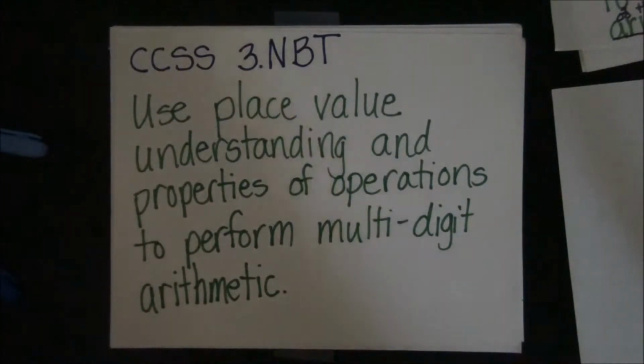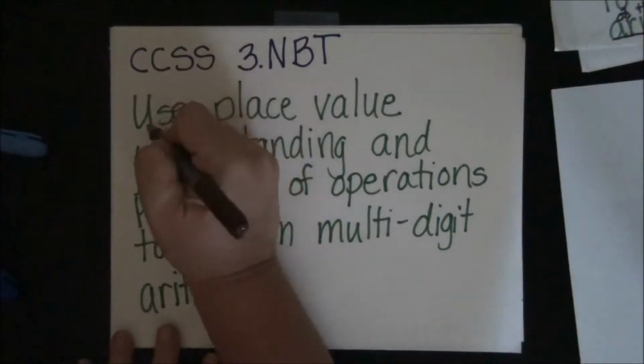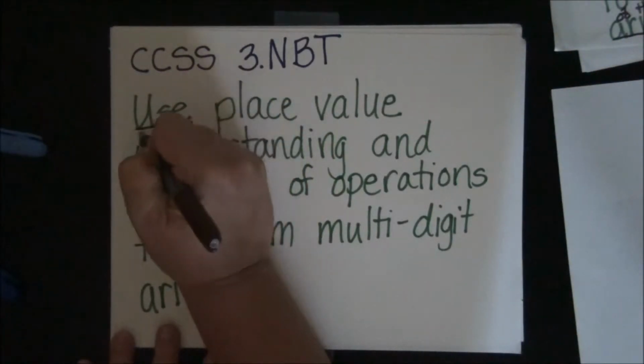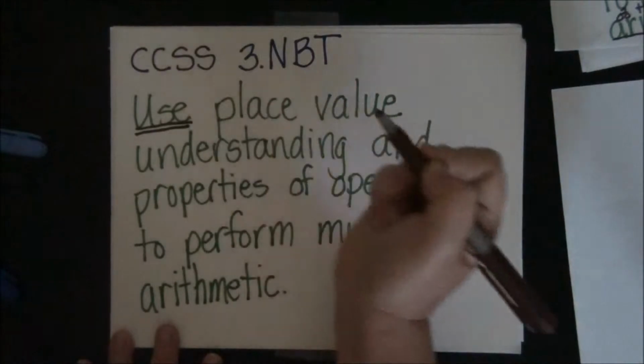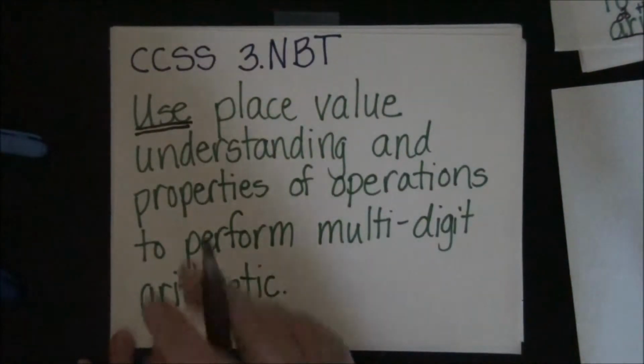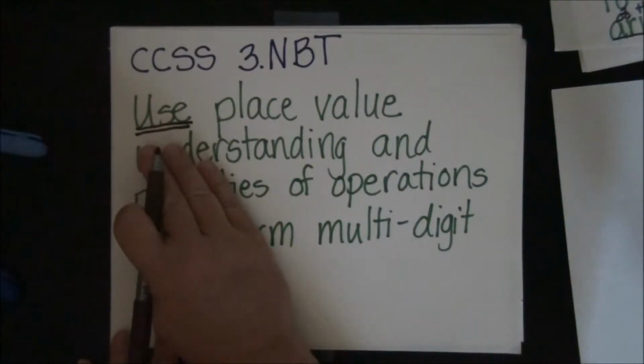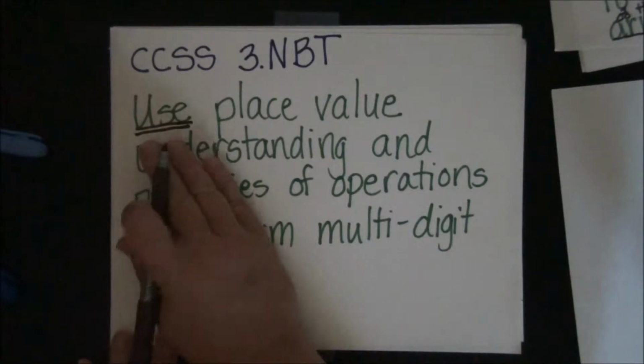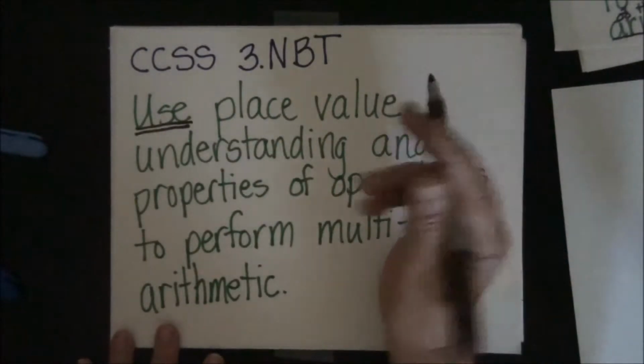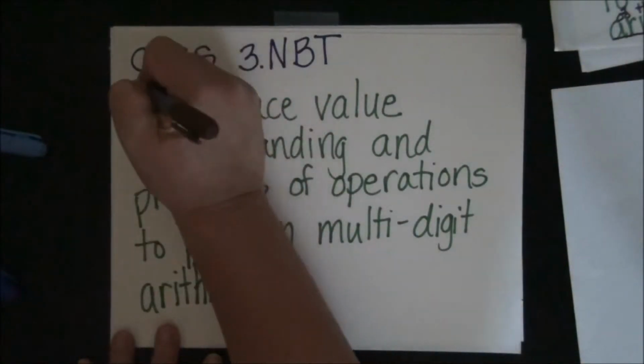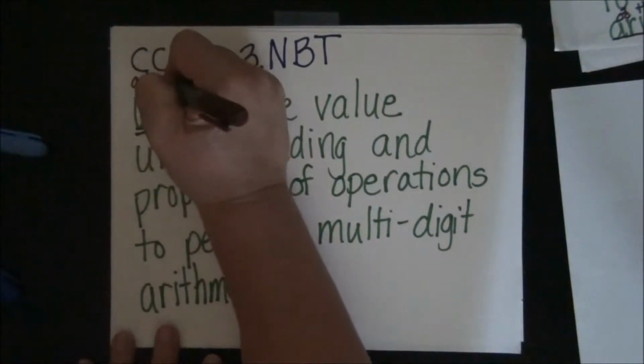So let's look at the first word, use. Now you know what use means, because you use a fork when you eat, you use a pencil to write, but I want to break down what the verbs are so you know what the actions will be that you will be doing by the end of this lesson. So use, we know, is an action word or an action verb.